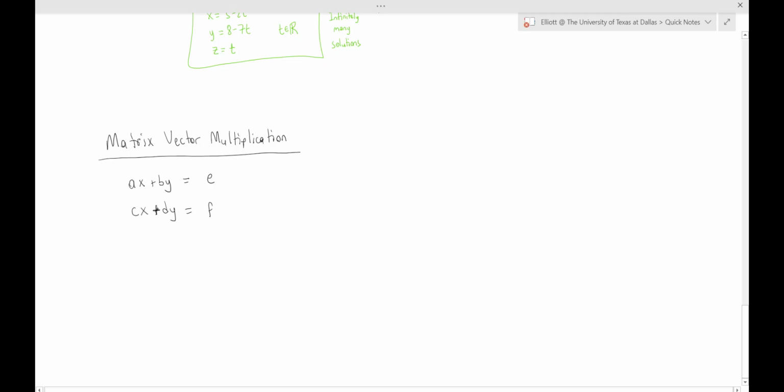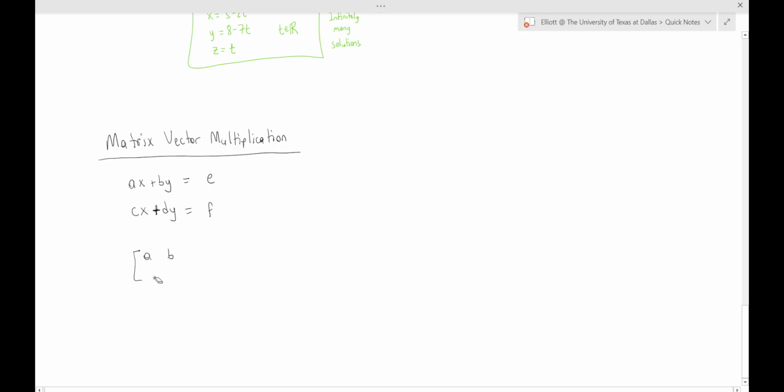So one way that we can represent this system is as an augmented matrix. And another way that's useful to represent it is as a matrix equation.